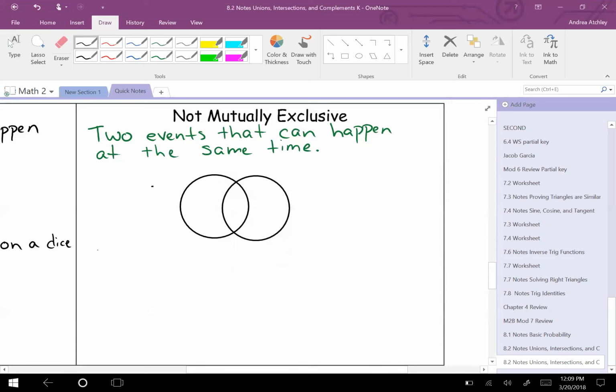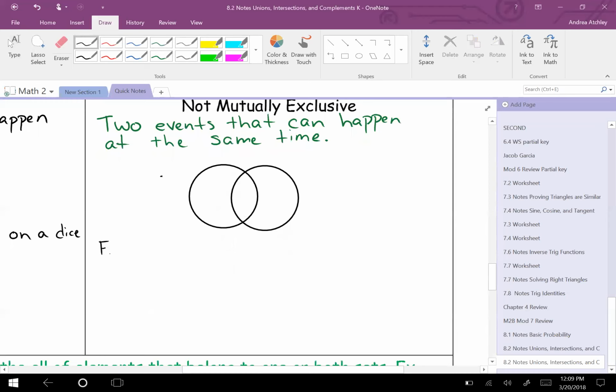So our example here would be rolling an even number or a multiple of 3 on a dice.